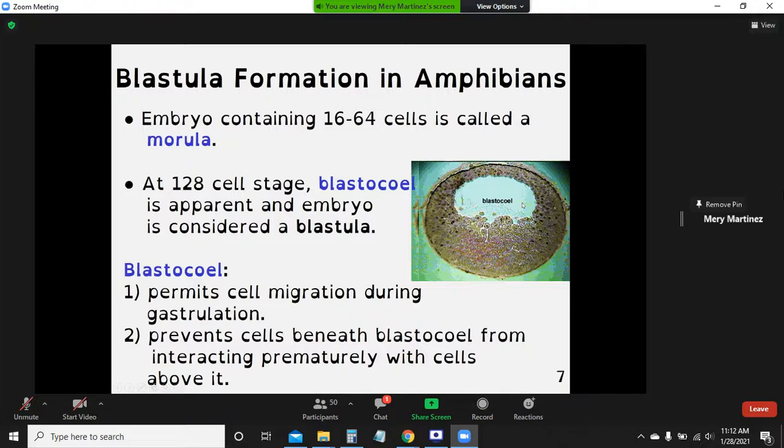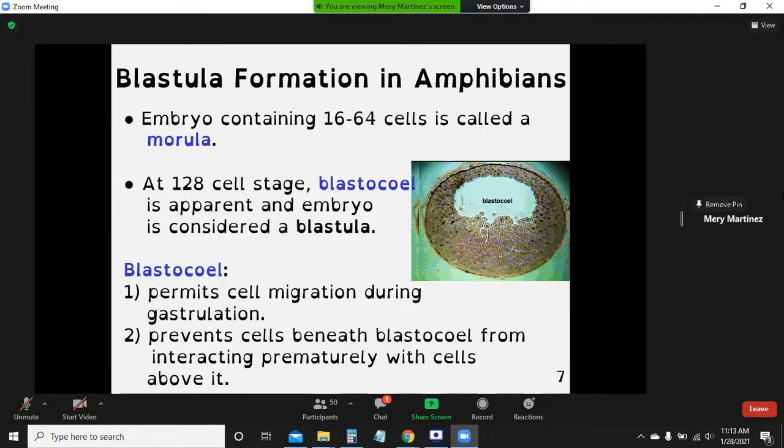The blastocele accomplishes two main functions. The first one is that it permits cell migration during gastrulation. That's what we're going to be seeing next. And the second one is that it prevents cells beneath the blastocele from interacting prematurely with the cells above it. If the cells interact prematurely, their own tissue will be formed. Remember, it is an induction pathway, right?